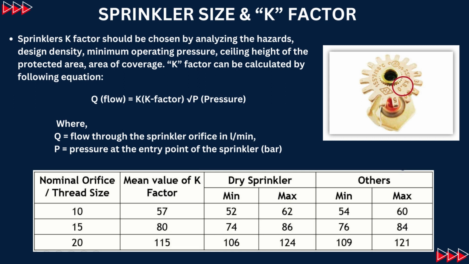Where the nominal size of the thread is 15 NB, the mean value of the K factor shall be 80. The minimum value in case of dry sprinklers shall be 74 and the maximum 86. For others it shall be 76 and 84.